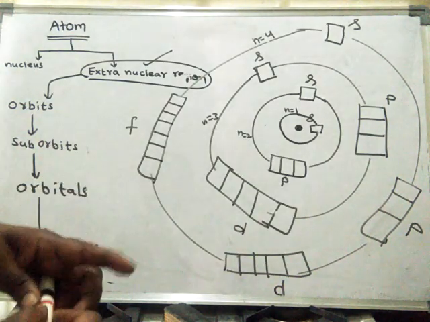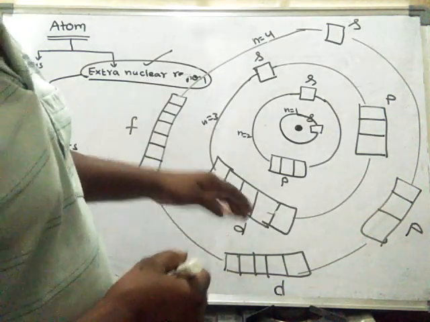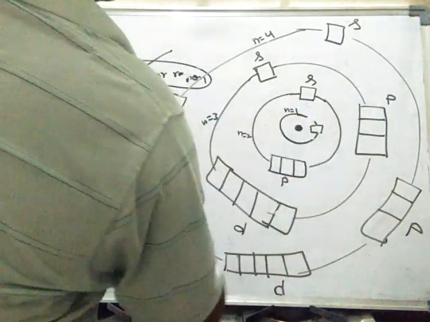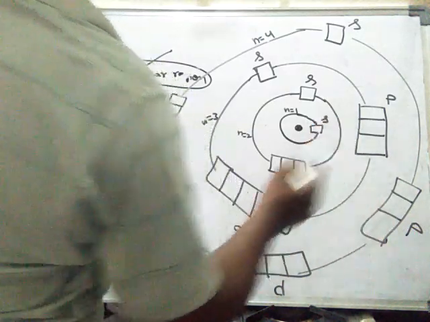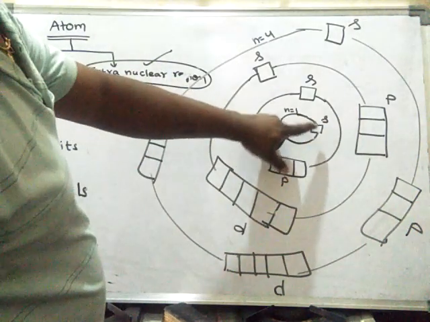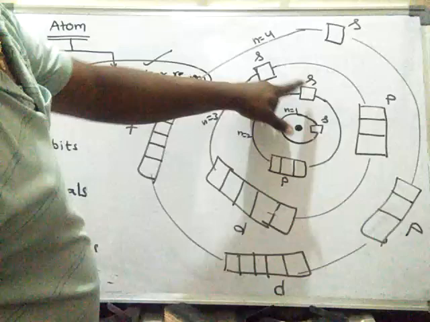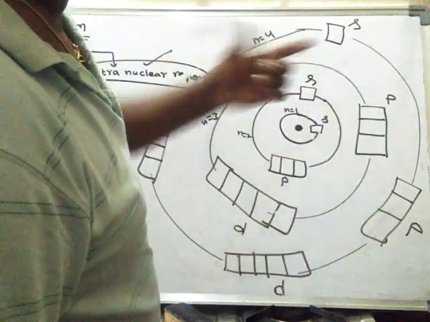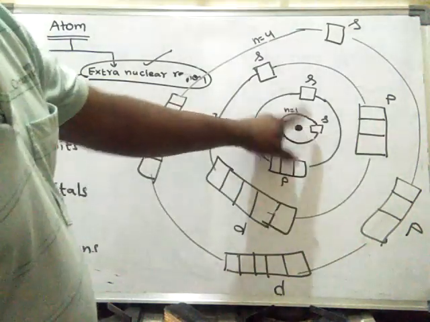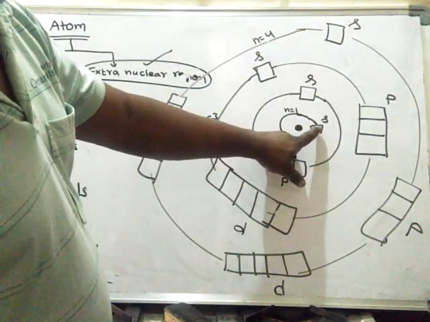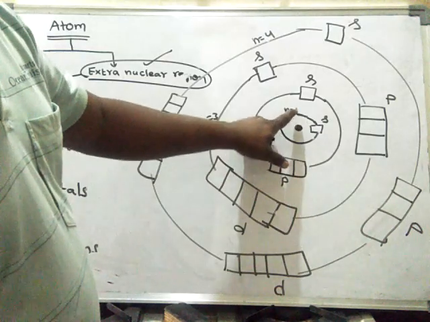In order to avoid confusion, what do we do? This is the s suborbit, this is an s suborbit, this is also an s suborbit, and so on, so there will be confusion. To avoid confusion, we have to write the suborbit along with the orbit number.